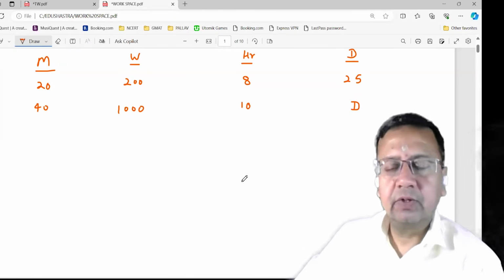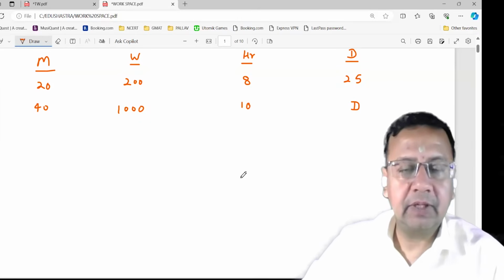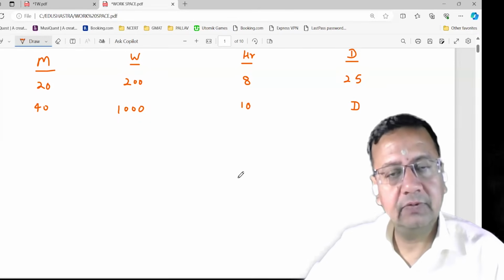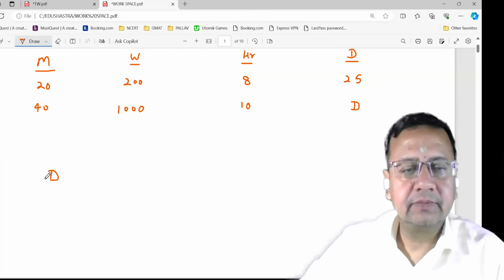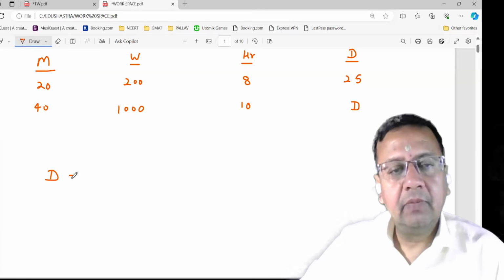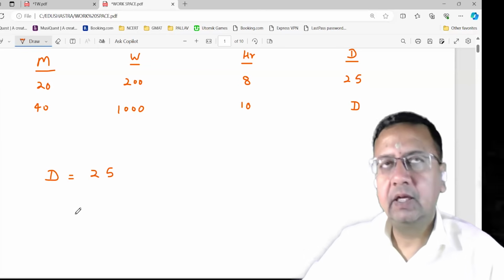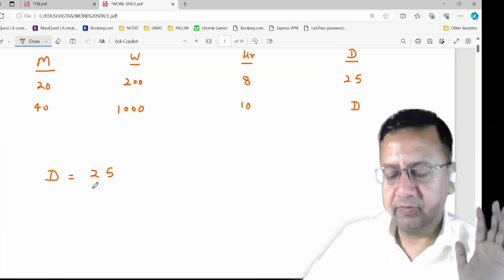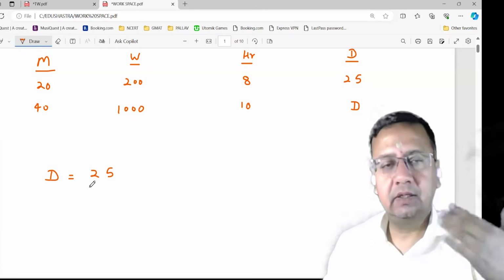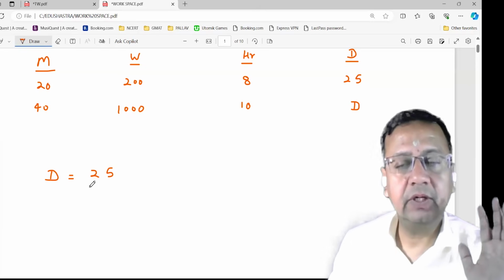So this is the information which is there and for which I have to calculate. Rather than going with the formula, I suggest that you do not memorize the formula. Try to work with the logic. I need to calculate days. Days is unknown. Presently, we are taking 25 days. Now, depending on the number of persons, more or less, days will increase or decrease.